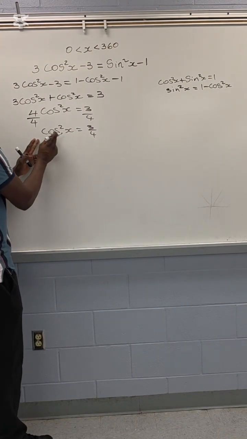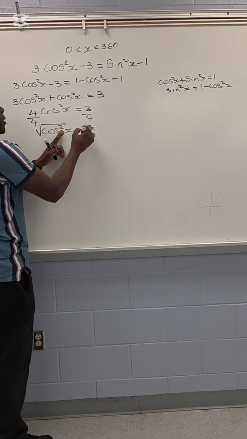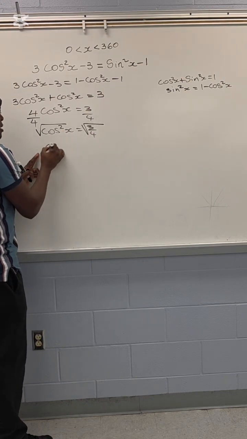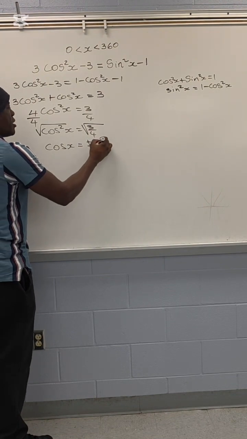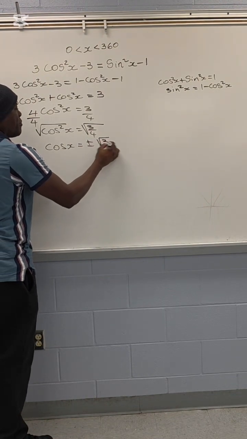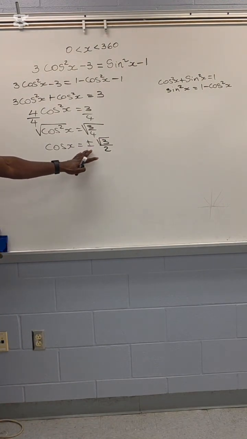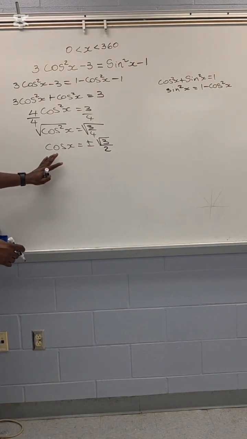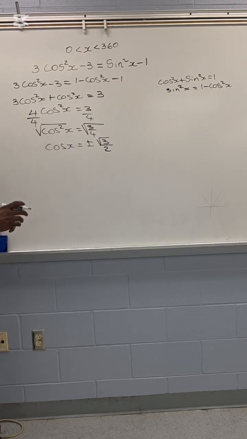Now, in order to find cos of x, I'm going to take the square root to get rid of the square. So as you could see, cos x is going to be plus or minus square root of 3, and the square root of 4 is 2. So this is what we're dealing with. Now we're dealing with positive or negative, which means I'm going to get all 4 answers for this.